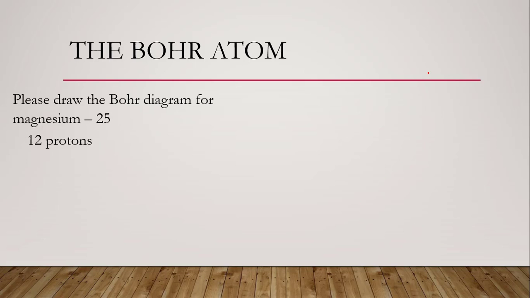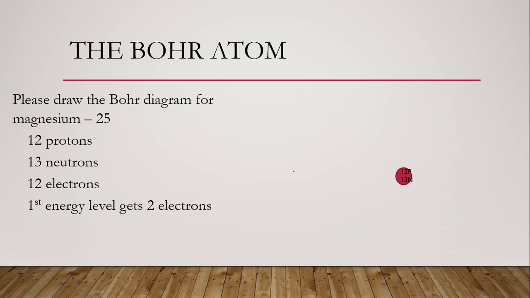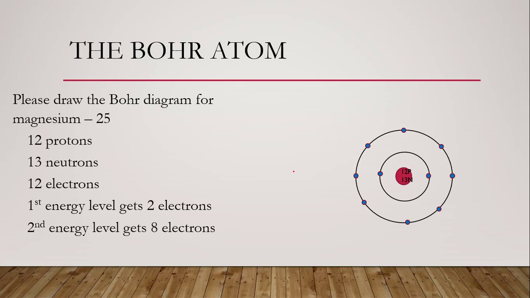Magnesium has an atomic number of 12, so it has 12 protons. 25 minus 12 is 13, so you have 13 neutrons. So we can place that in the nucleus. We now have 12 electrons to place. The first energy level will get 2, so now there are 10 electrons left to place. We can put 8 on the second energy level, and we have more than 8 to place, so we can now put 8 onto the second energy level.